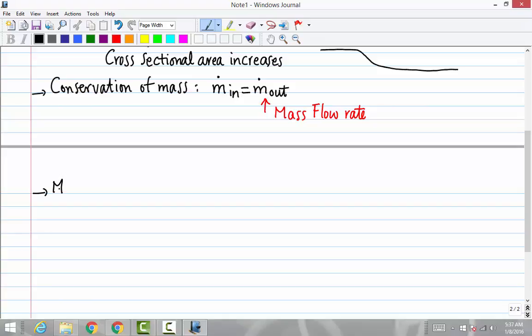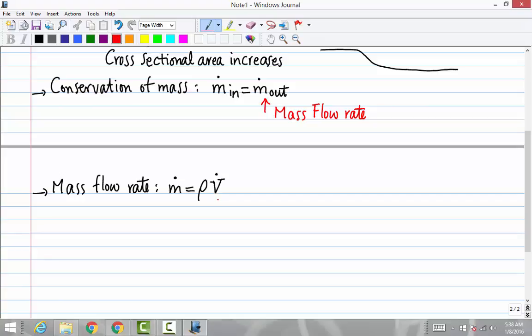Mass flow rate is defined as m dot equals density times V dot.